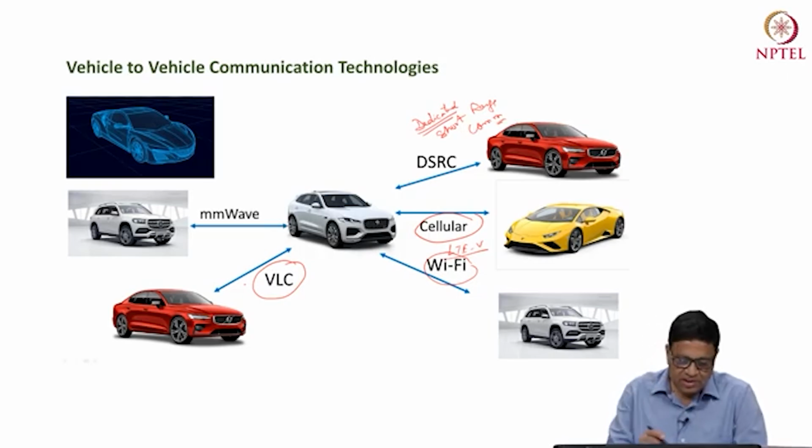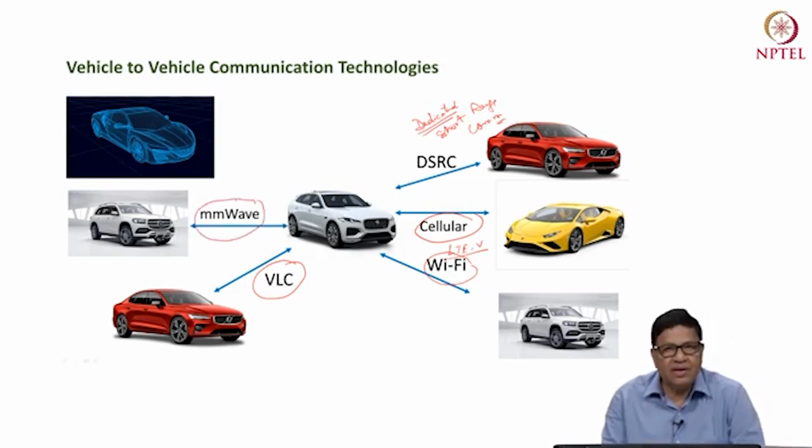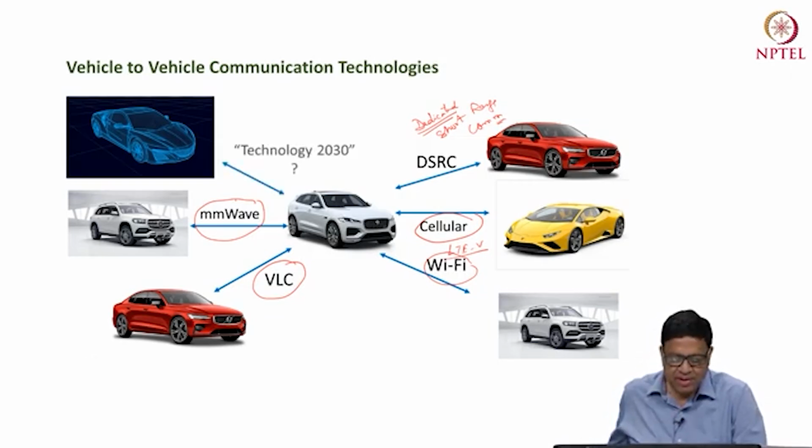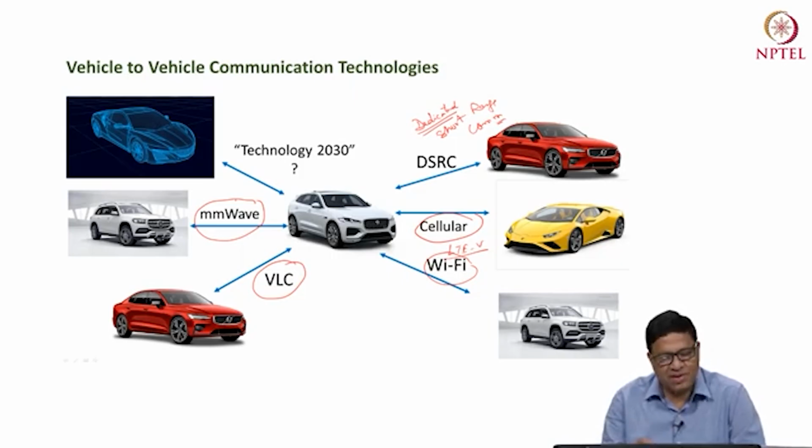The other option is millimeter wave, which is not currently explored much. And in future, there can be some other technology where you have a lot of sensors around the vehicle. So we don't know about this technology. There can be more options later.